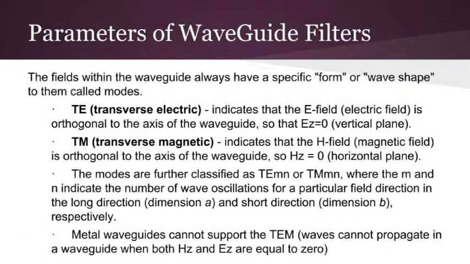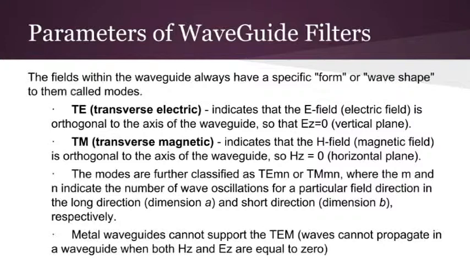The fields within the waveguide always have a specific form or wave shape to them called modes. TE, or transverse electric, indicates that the electric field is orthogonal to the axis of the waveguide, so that Ez equals 0. TM, or transverse magnetic, indicates that the magnetic field is orthogonal to the axis of the waveguide, so Hz equals 0.